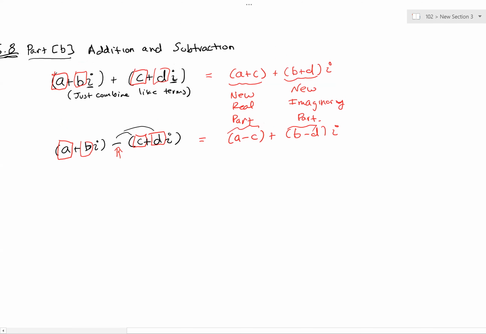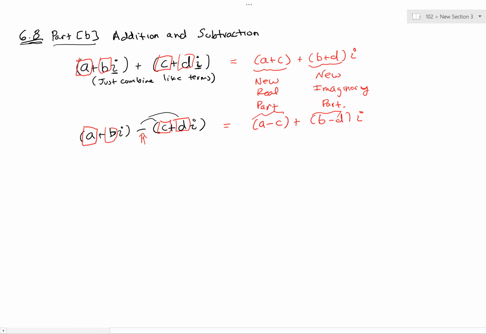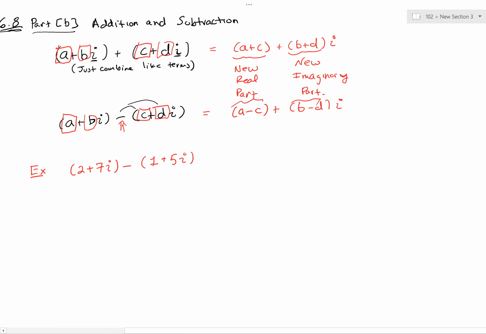So I'll do one example here before we get to the handout examples. So let's say I had the complex number 2 plus 7i, and I was subtracting the complex number 1 plus 5i. Because it's subtraction, I'm just going to subtract the real parts separately from the imaginary parts.